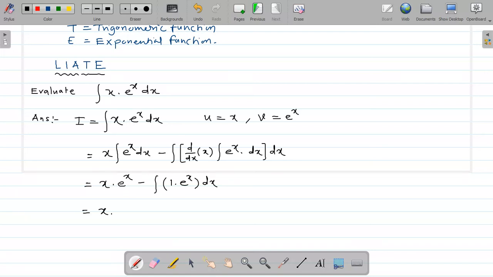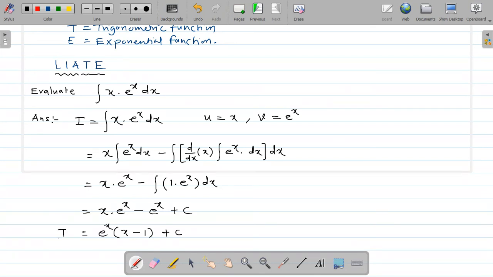So next step will be x into e raised to x minus, now again it is 1 into e raised to x, but it is e raised to x simply. So take the integration of e raised to x, that is e raised to x plus constant. Hence we get the integration. Here you can take e raised to x common into bracket x minus 1 plus c.